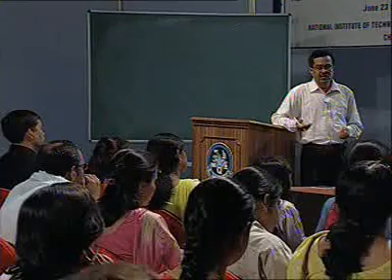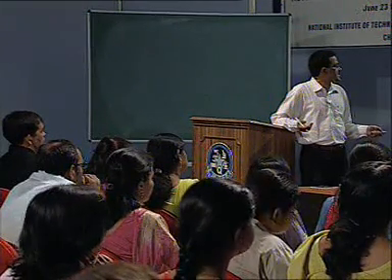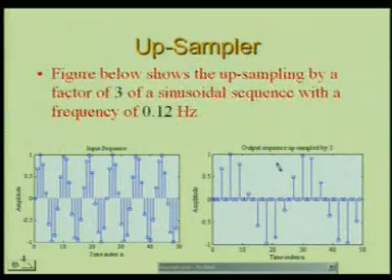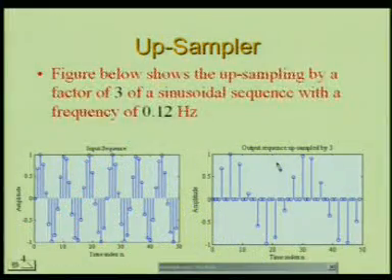Then the upsampled version of the input sequence x n has been shown here. Capital L is equal to 3, therefore, we have to introduce 3 minus 1 equidistant zeros in between two consecutive samples. So, this figure will give you sufficient idea about the upsampling business.